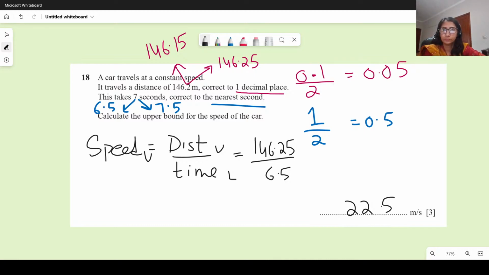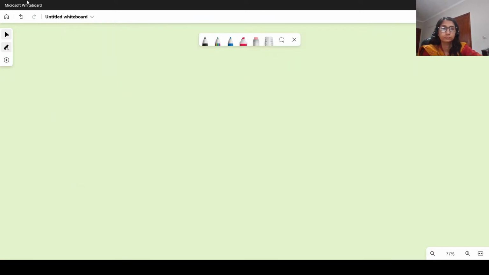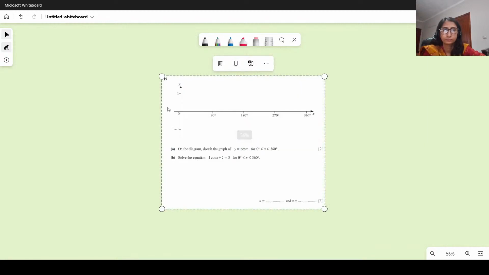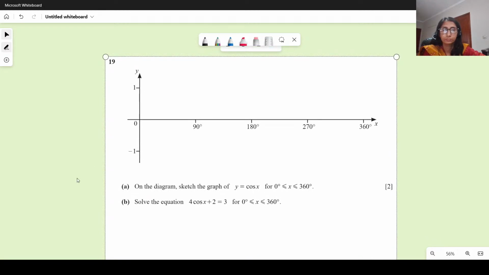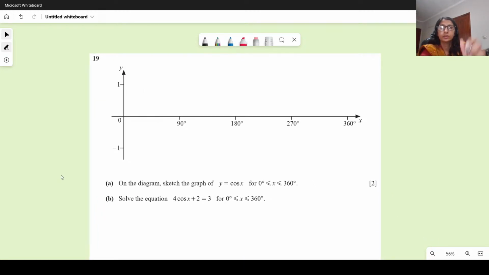Next question. On the diagram, sketch this graph.